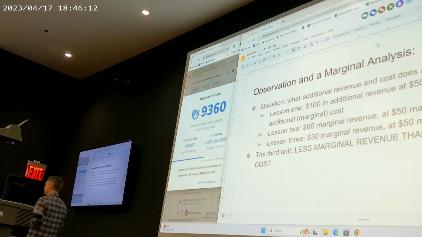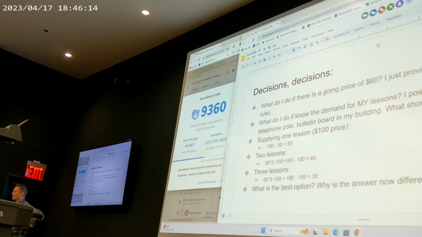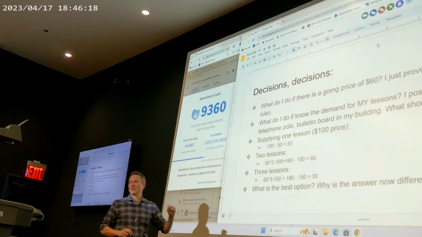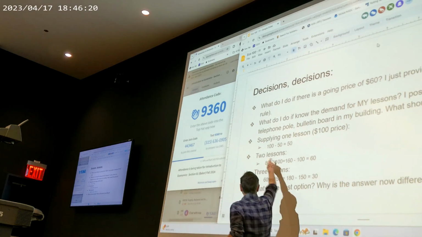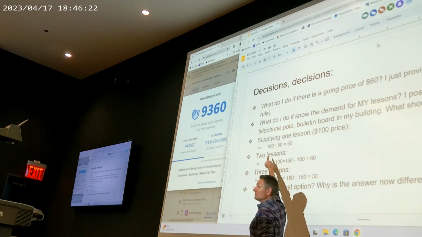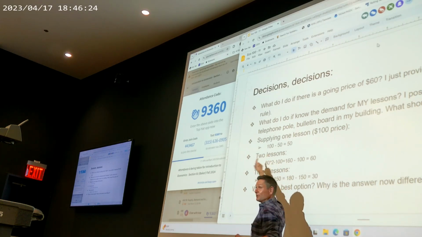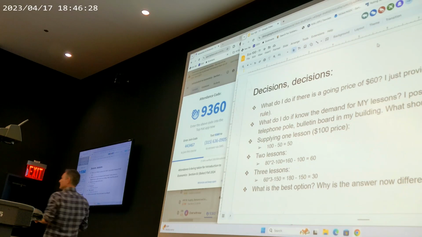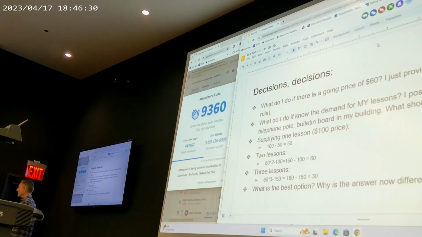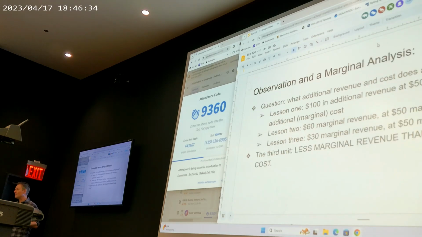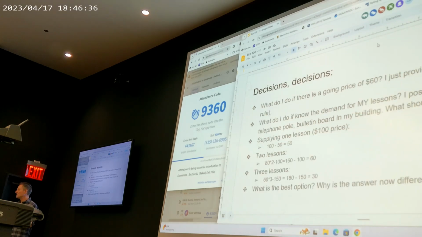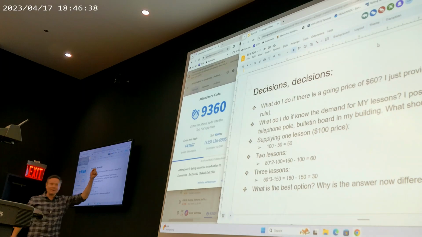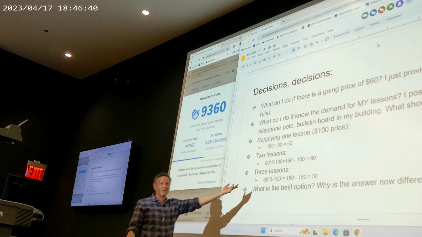The second one brings in $60 effectively in additional revenue. 2 lessons bring me 160, 1 lesson brings me 100, 160 minus 100 means $60 in additional revenue. So if I compare 60 and 50, I should provide that lesson as well. Given I'm providing 2 lessons, for the third lesson, I have to lower the price to sell it.